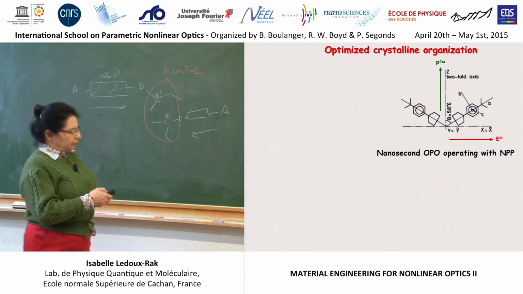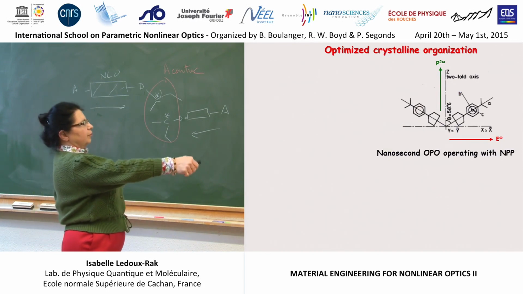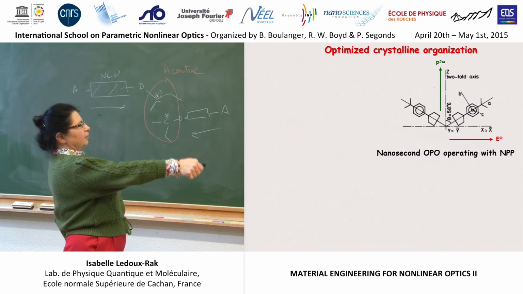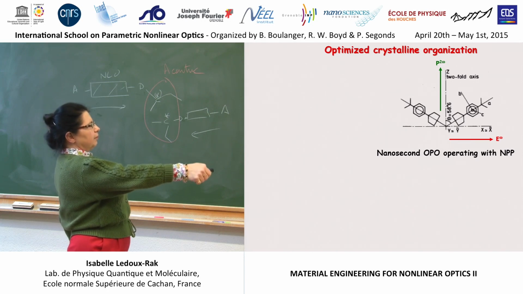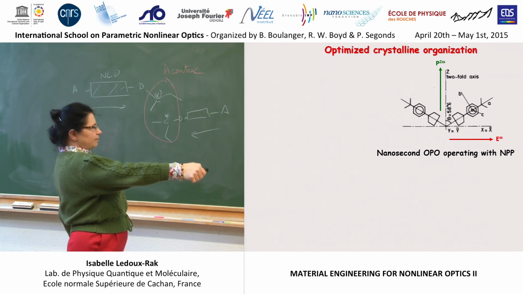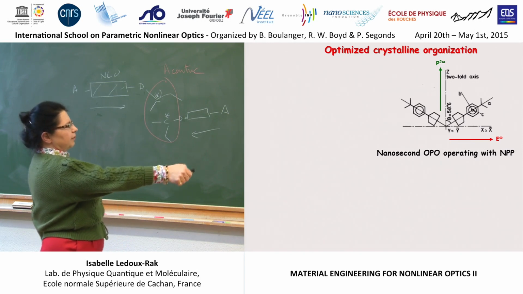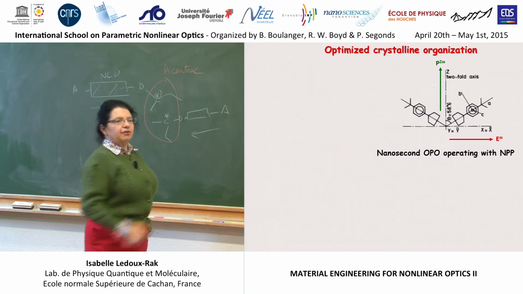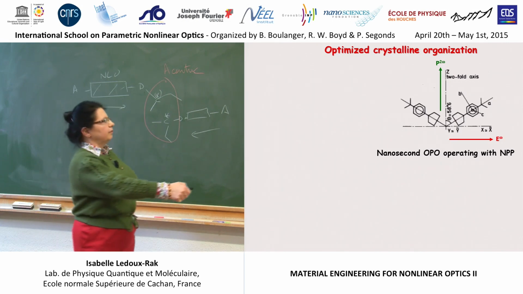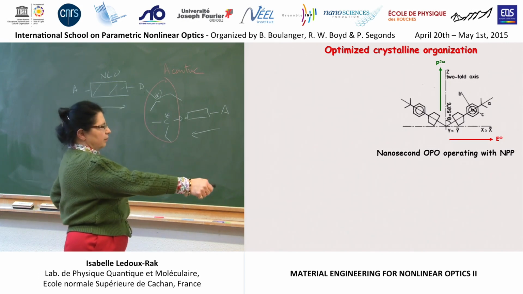So the result is the following. This is the molecule here. That's a scheme. So you recognize the 2-NPP molecule. This is the two-fold axis. And here we searched for the same configuration as before with the chi2 ZXX.